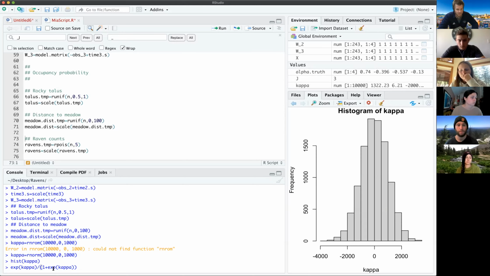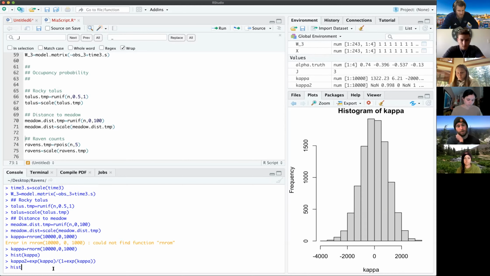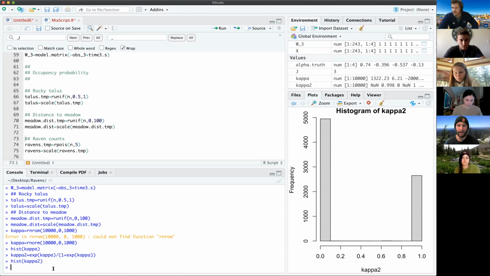But after we do this transformation, so we'll say inverse logit, I'll just say kappa 2, and we look at the distribution of that, it turns out it's very informative. It puts all of the mass at either 0 or 1.